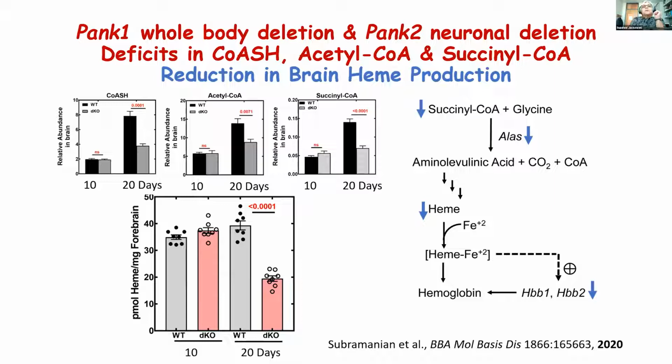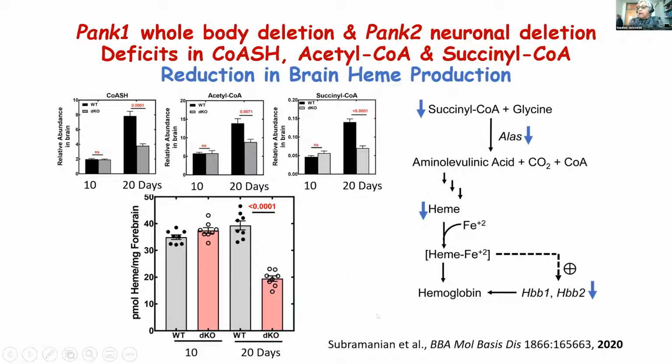It also impacts the short-chain CoA thioesters, such as acetyl-CoA and succinyl-CoA, shown here. And these are necessary for energy and ATP production. Long-chain CoA thioesters were not affected, suggesting that lipid synthesis and metabolism was not a proximal target of the CoA deficit.